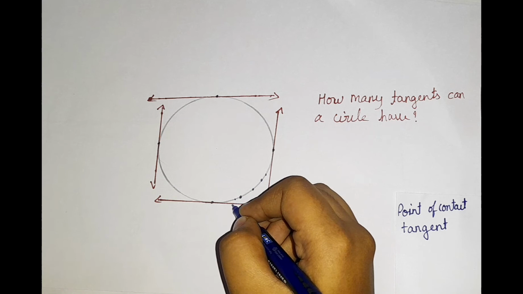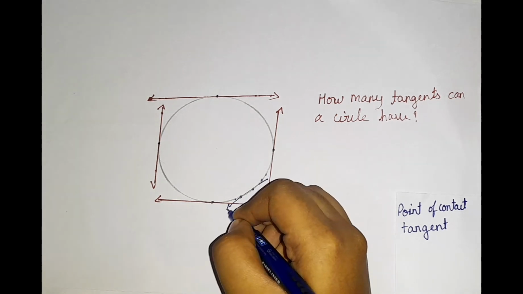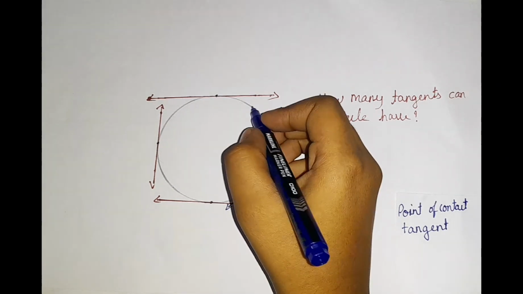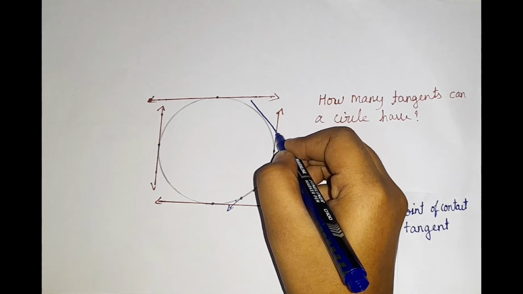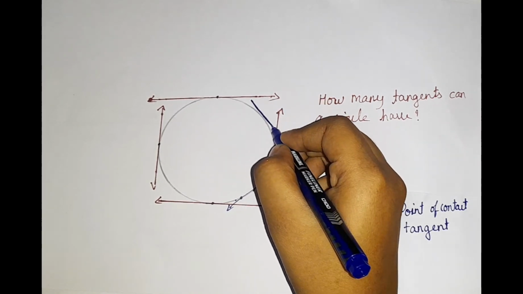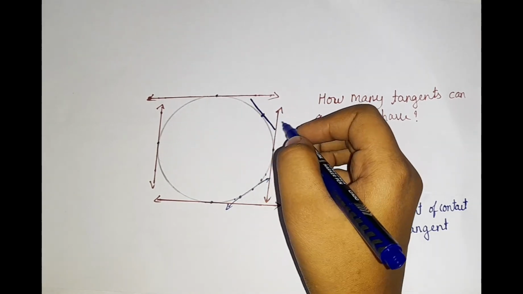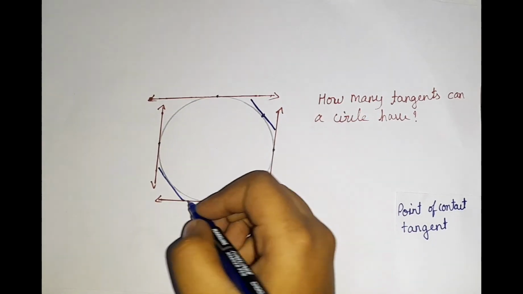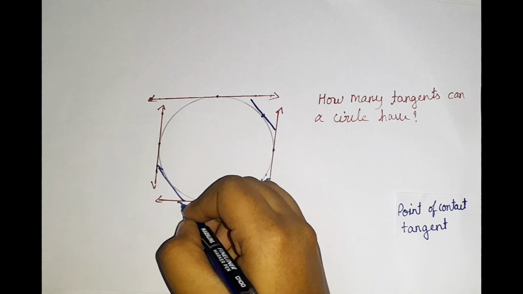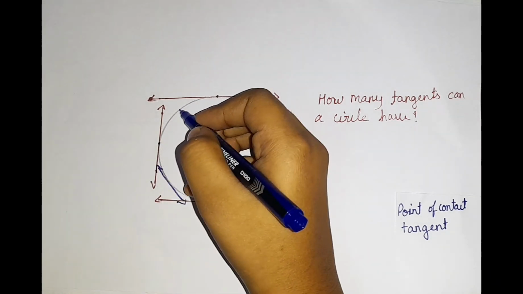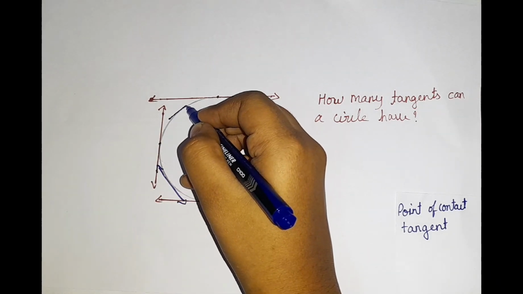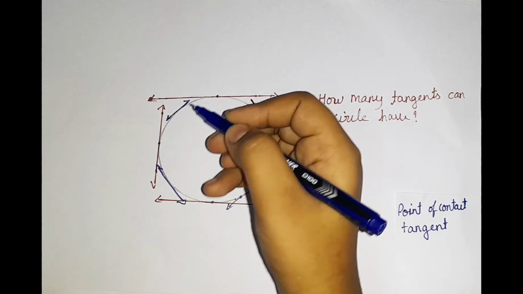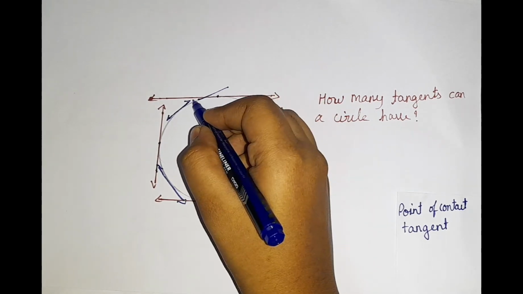So if a line is touching like this, then this is also a tangent. If it is touching the circle like this, then this is also a tangent. So here also, not only here, everywhere. Like this small also it can touch.